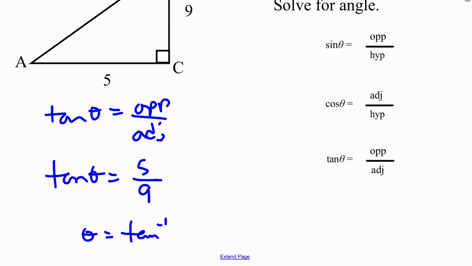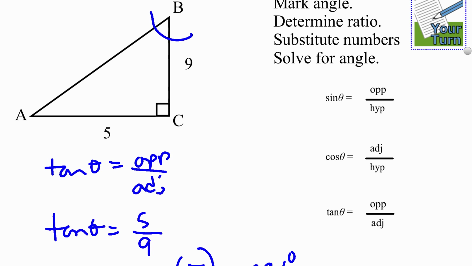So arctan of 5 over 9. Calculator, arctan 5 divided by 9 is 29.05 degrees. We'll call it 29.1. So the angle is 29.1 degrees, that's that angle right there.